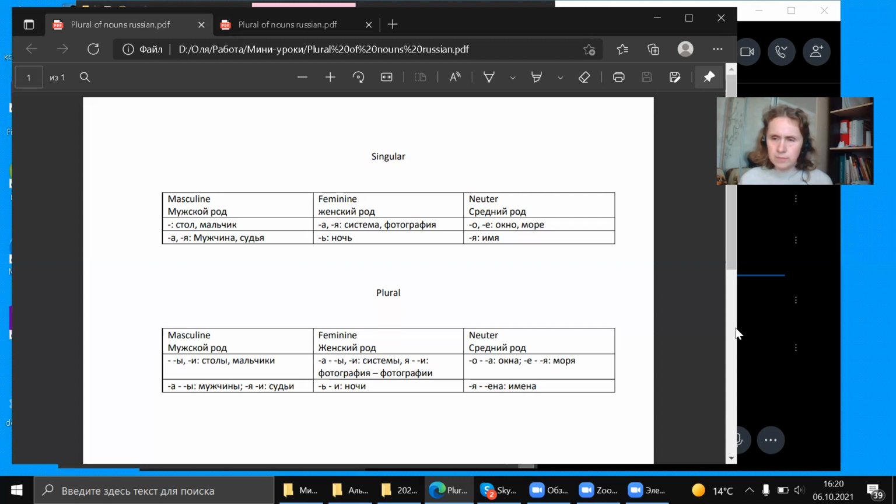So masculine, either, so those that have zero ending, either ы or и. And it depends on the consonant at the end, but we will not get into that just yet. So maybe in a different video. Стол, столы. And unfortunately here, the stress shifts.